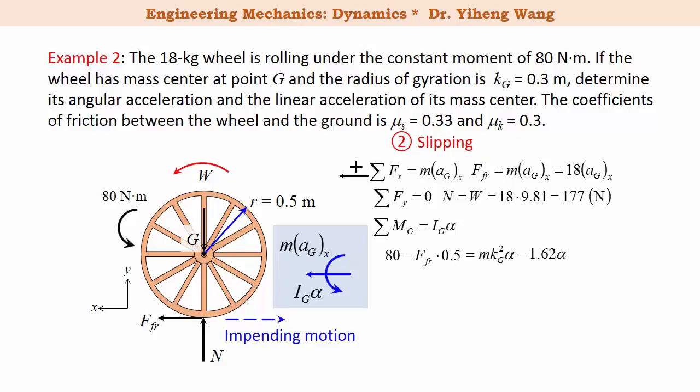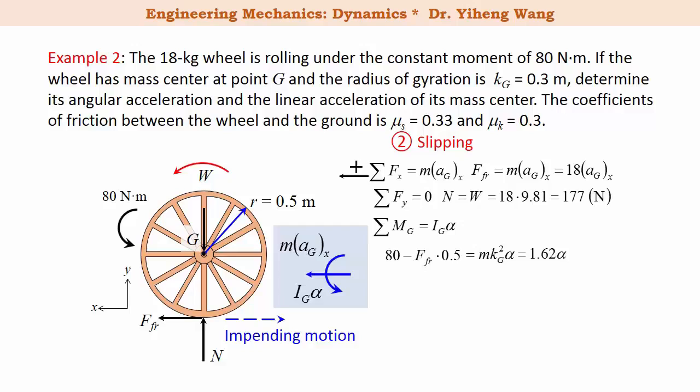At this point, you might notice that we need one more equation in order to solve for our unknowns. The equation that we used in the previous step, that agx equals alpha r, no longer applies, because once again, that equation only applies when slipping does not occur.